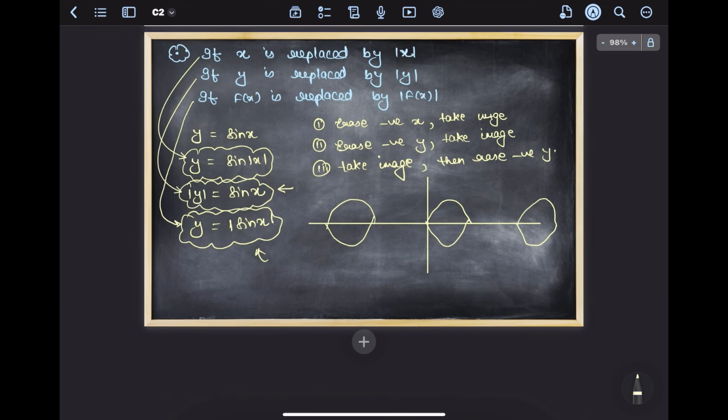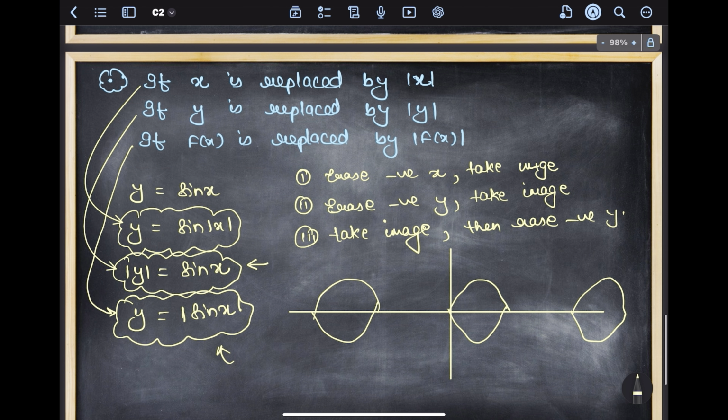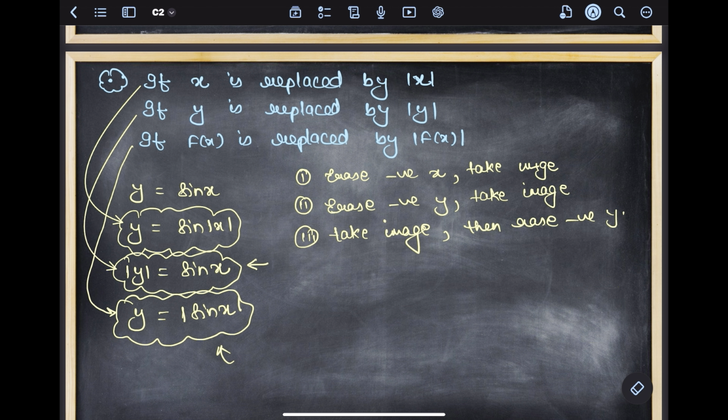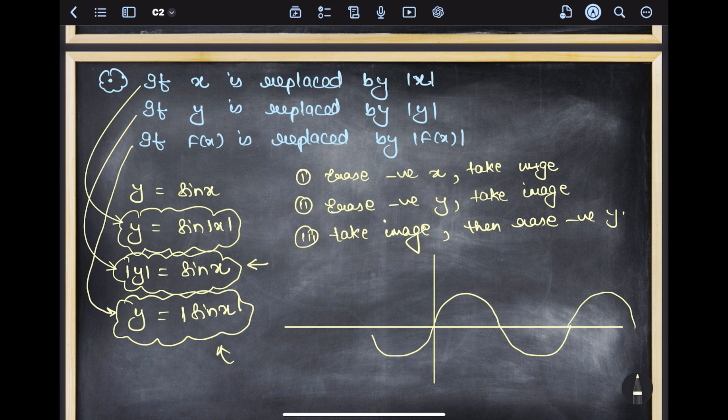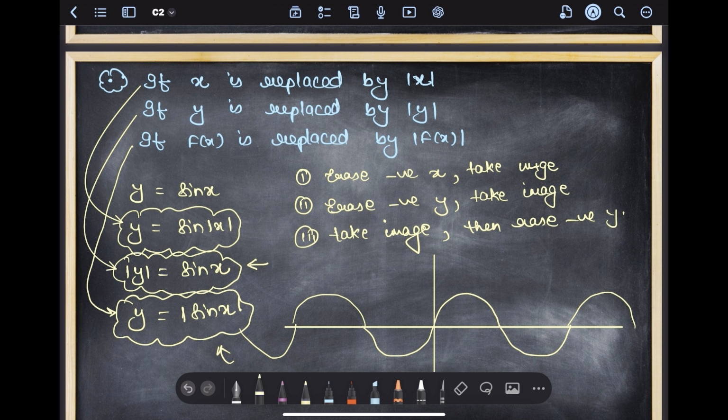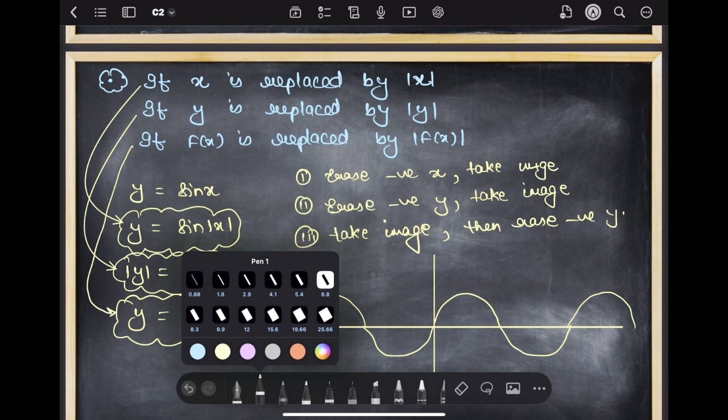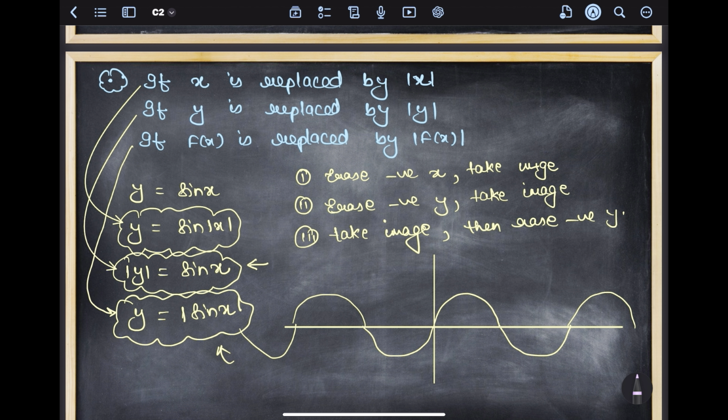Now, look at the last transformation. f of x is being replaced by mod f of x. Means on the right hand side, we have to take mod. Look at this. So we have this graph. So you know that you have to take image. So what you will do? First you will take image of the below part on above.